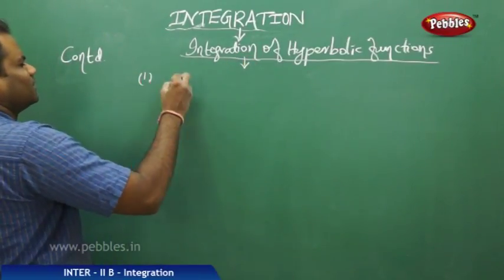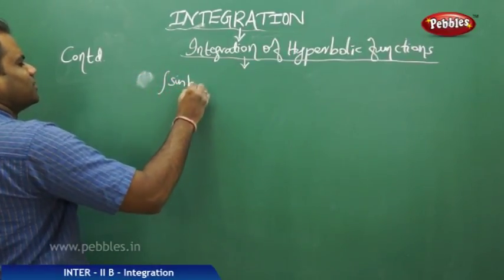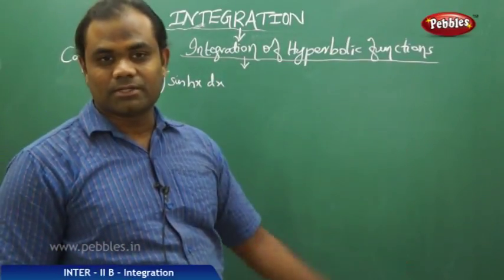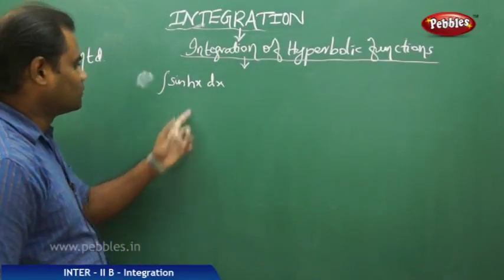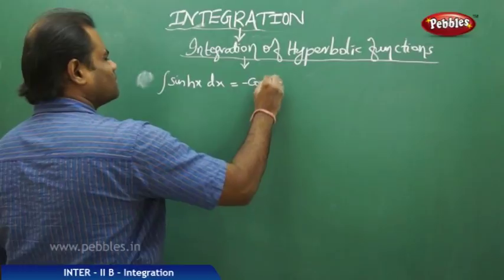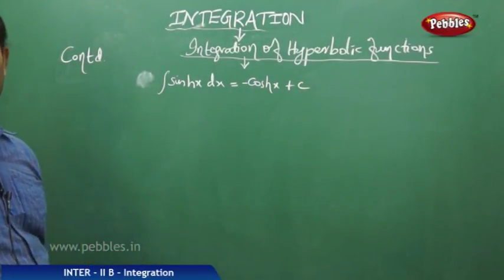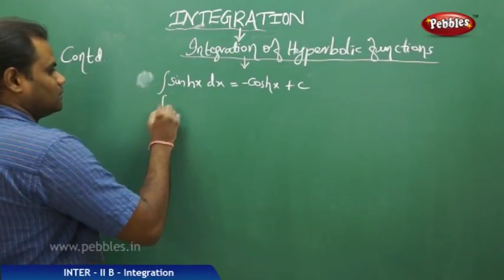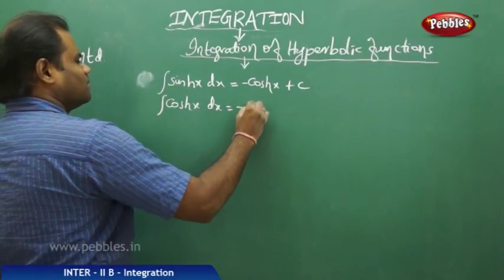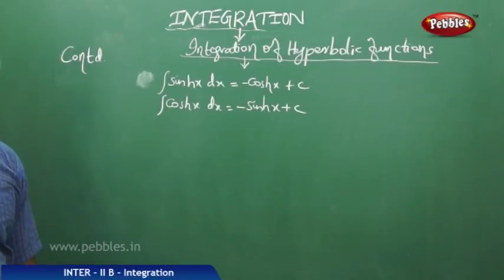Say I have the hyperbolic function sine hx. We know that the hyperbolic functions are with the respective formulae. So integral of sine hx dx is given by cos hx plus c, and integral of cos hx dx is sine hx plus c.